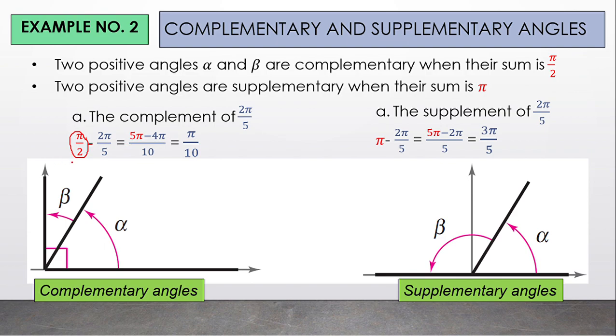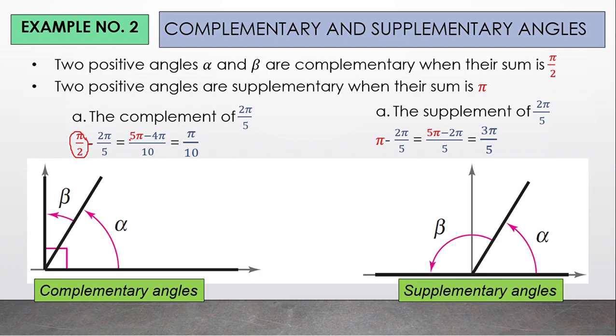So, okay, find their LCD, so which is 10, divided by 2, 5. So, times pi. And then, 10 divided by 5 is 2, times 2, 4. So, 5 pi minus 4 pi is equals to pi or 1 pi over 10.